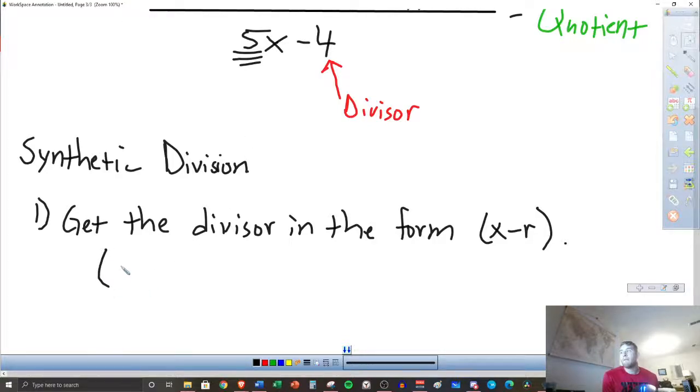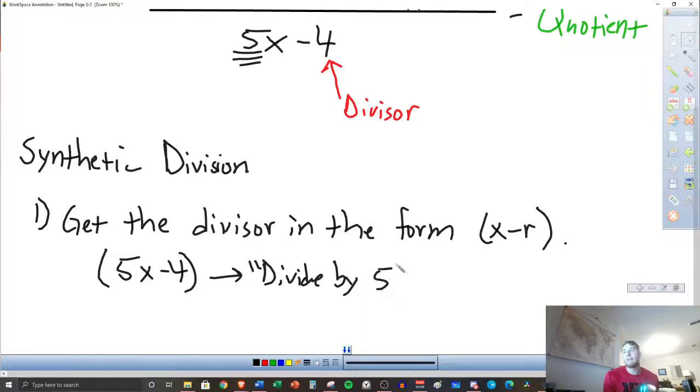So we have 5x minus 4. I need to get rid of the 5. How we're going to do that is we are going to divide by 5. Whatever that first term is, we're going to divide by it.